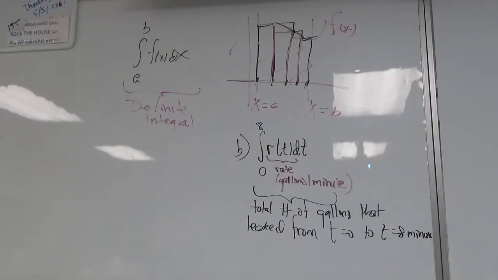A good idea would be to graph this function so that it shows up on your calculator. And then you can call it F1 or F2. You can call it whatever you'd like.